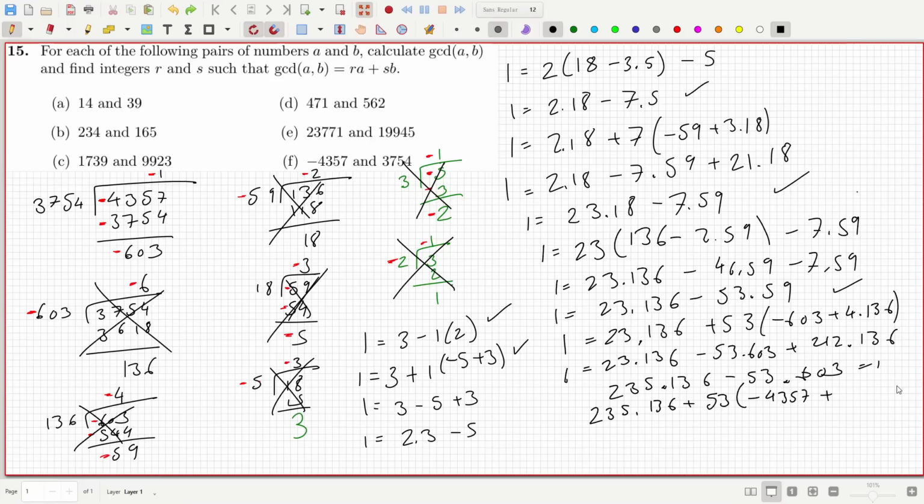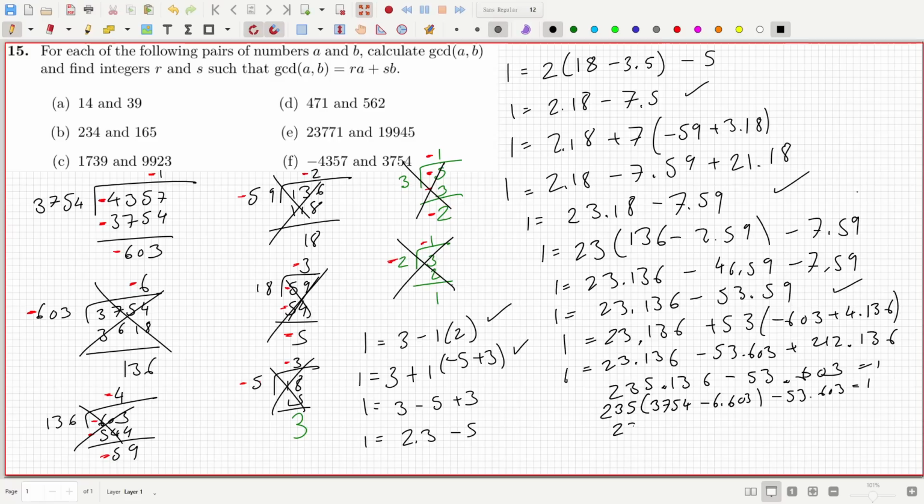That's the step that I'm on. Replacing this 136. Okay, 235 and then 136 is 3754 minus 6 times 603 minus 53 times 603 equals 1.